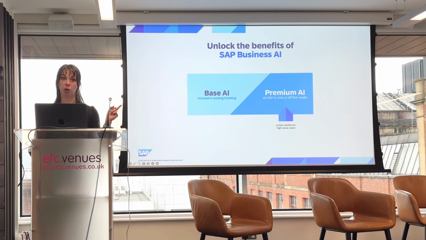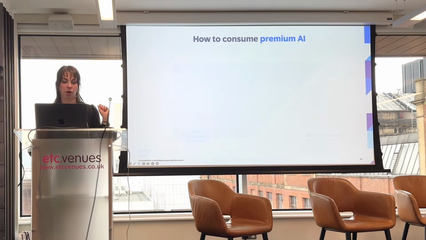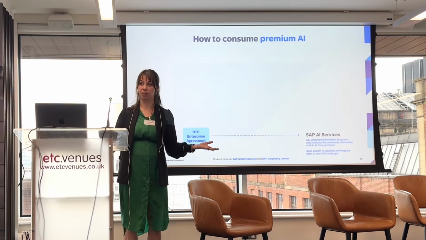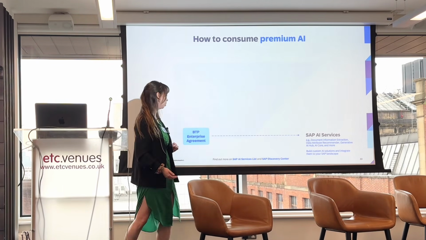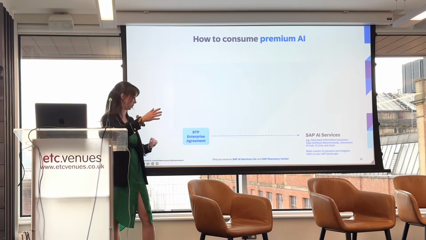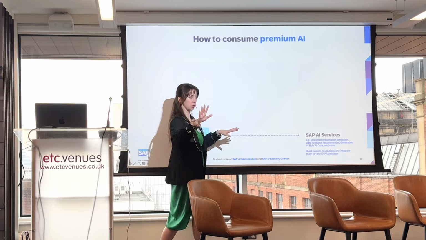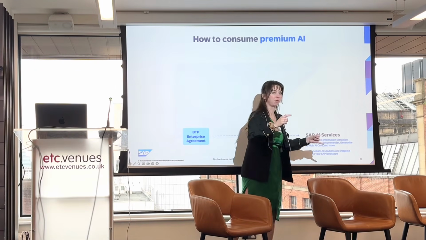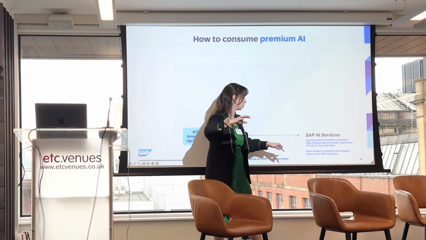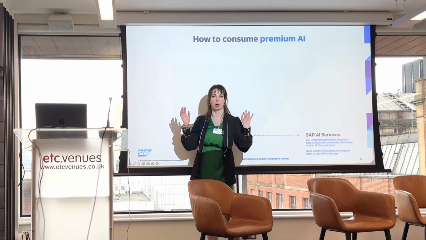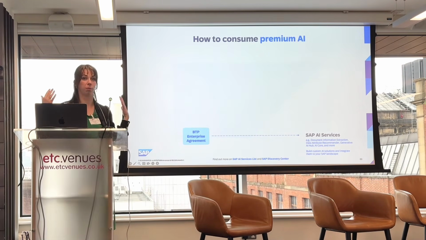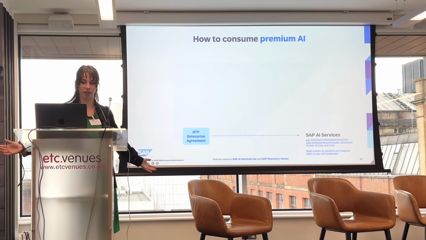Okay? Premium AI, positive news is, most of the stuff that I showed you today, because we talk about BTP, you can consume through your BTP Enterprise Agreement or the BTP EA, or also some parts you can also do through the CPA. But for example, document information extraction, right, is one of the services, or AI Core, AI Hub, and all of these things, you can consume them through your BTP agreement, because we already have it.